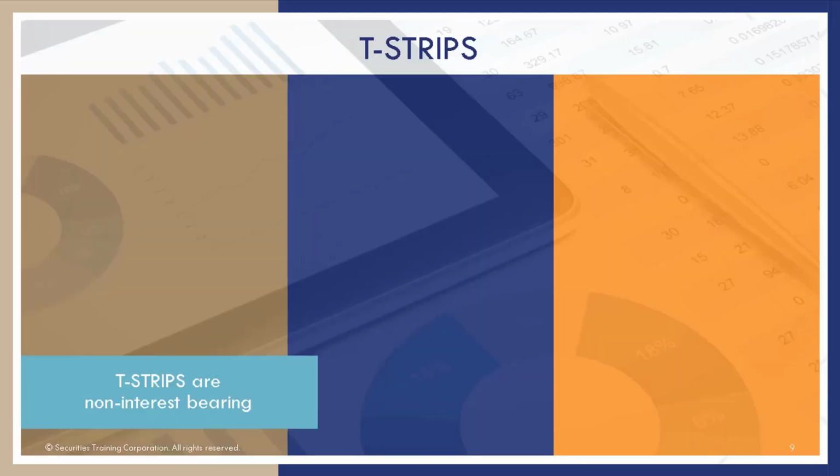Another type of treasury is treasury strips. Now, the federal government actually does not issue treasury strips. Instead, they're actually created in the secondary market, where broker-dealers and banks take a treasury, let's say they take a 10-year treasury note, and they say to the government, we want to separate out each payment that this 10-year treasury note is going to make.